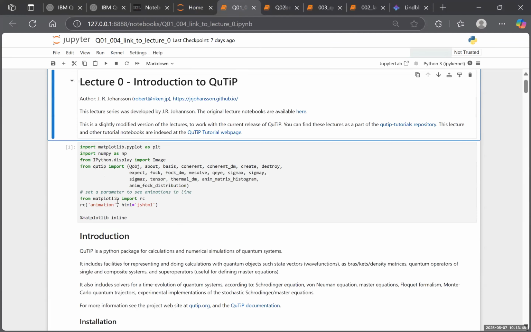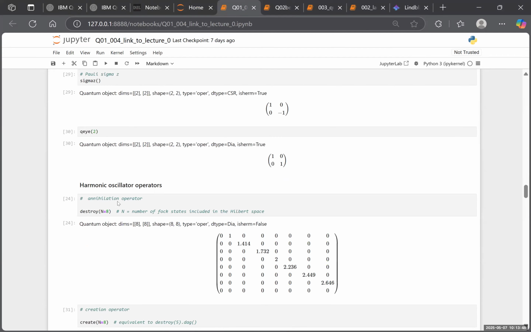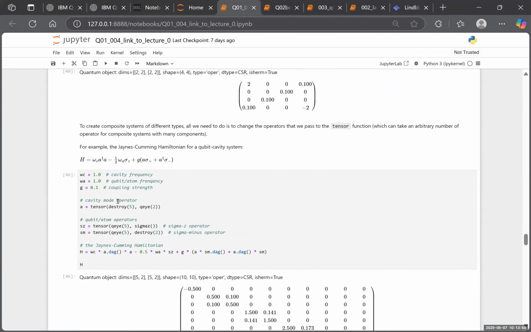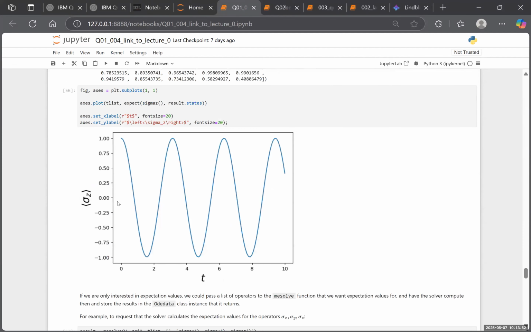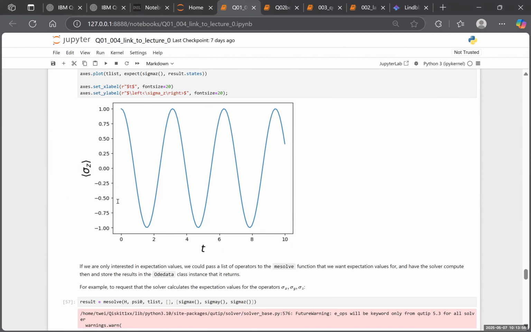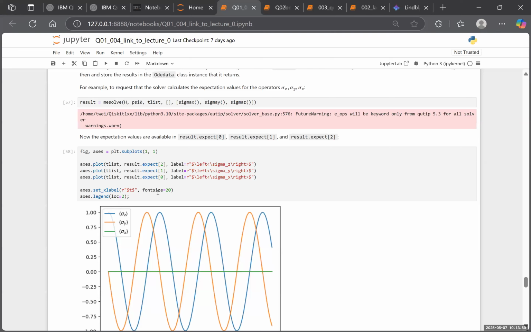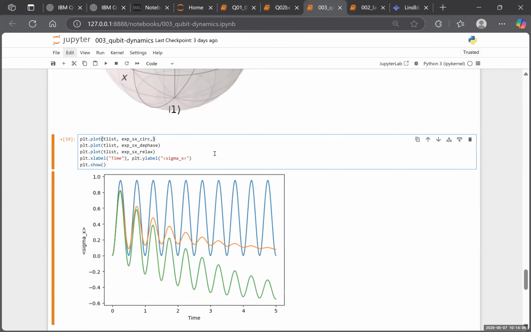Because, no, this is label, right? Label equals. As you can see, I don't memorize it, at least. If I need it, I just search.